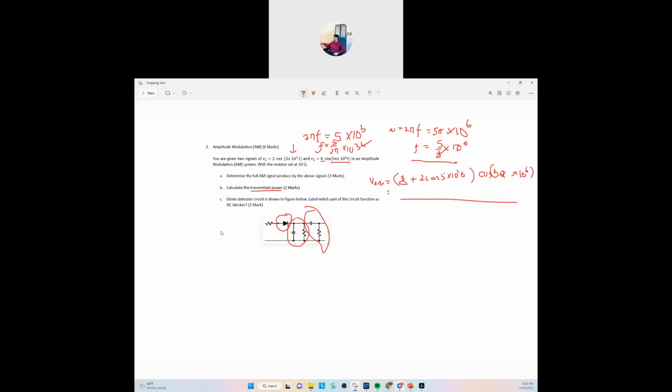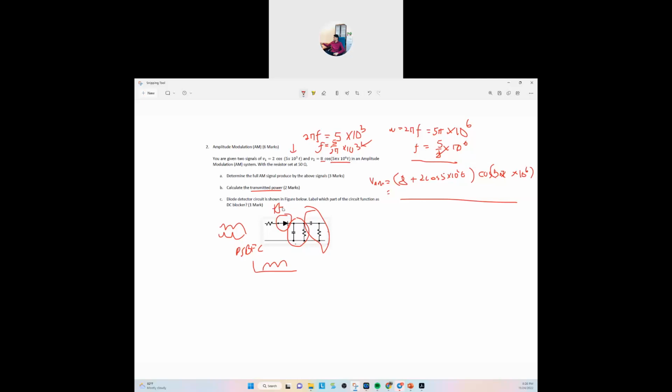For example, we have a full AM signal, double sideband full carrier. What happens when we go through the diode here? We only have the positive part, depending on our diode configuration. If the diode is in this direction, what are we going to have?